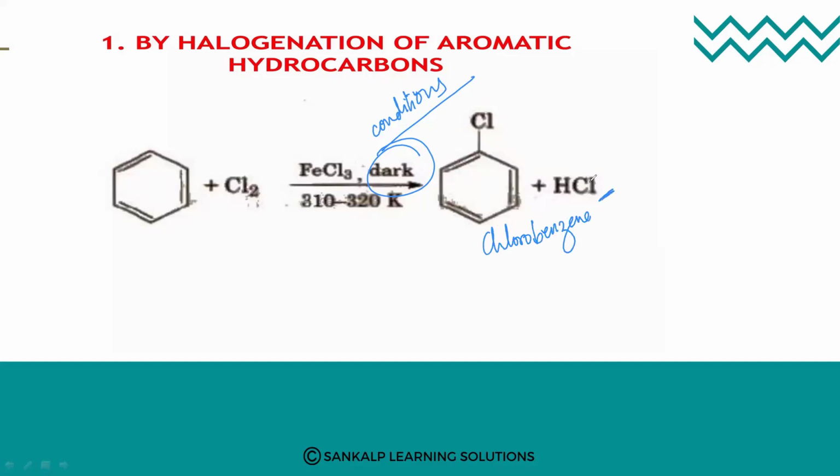So this is a halogenation. How we do halogenation? By reacting the chlorine in the presence of FeCl3 in the dark condition at this temperature, you will get chlorobenzene plus HCl. This is the halogenation reaction.